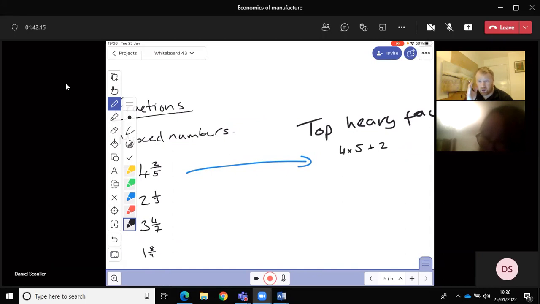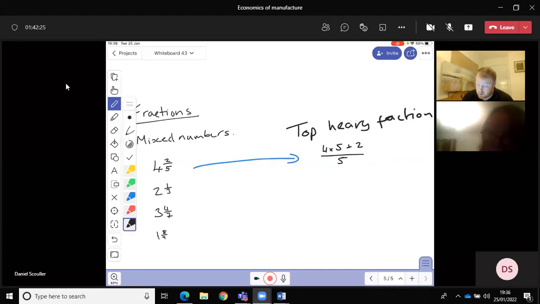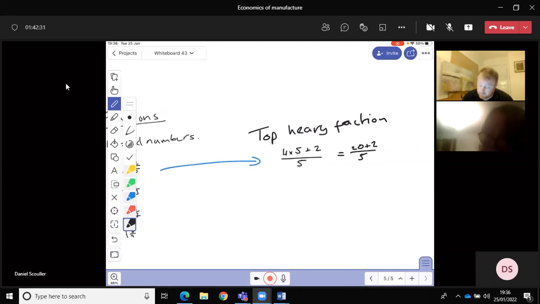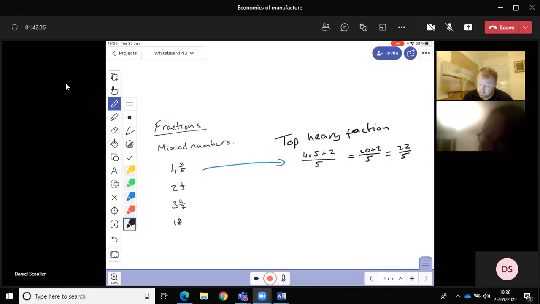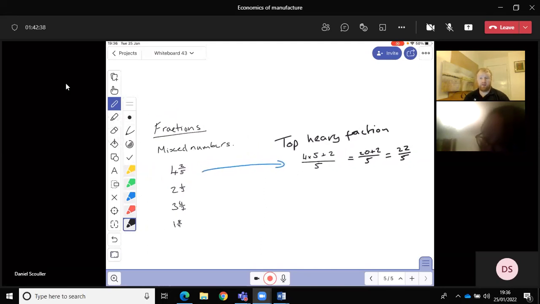So there's 4 whole numbers plus a remainder of 2, which equals 20 plus 2 over 5, which equals 22 over 5. So 4 2/5 we can convert into a top heavy fraction of 22 over 5.